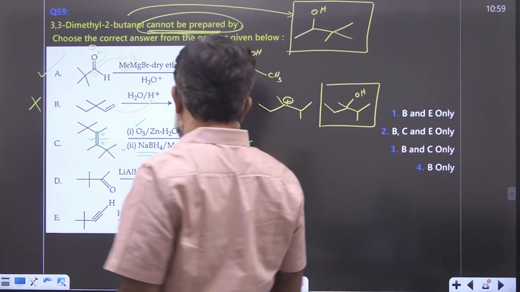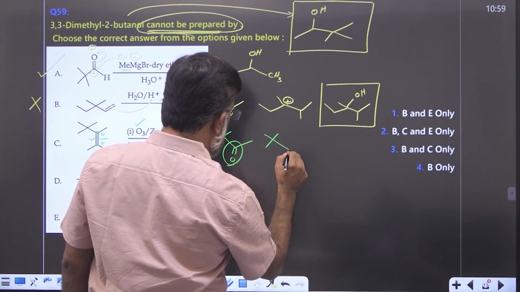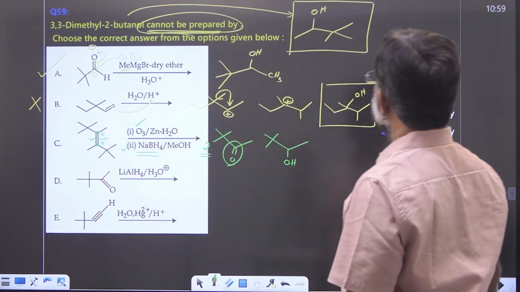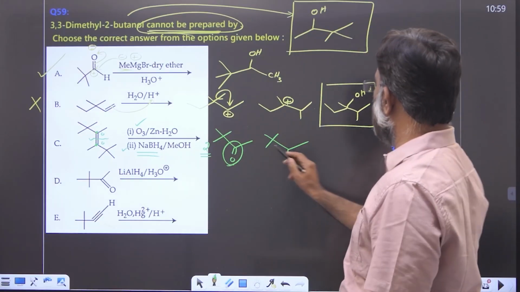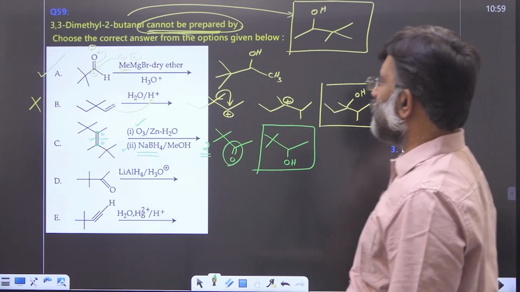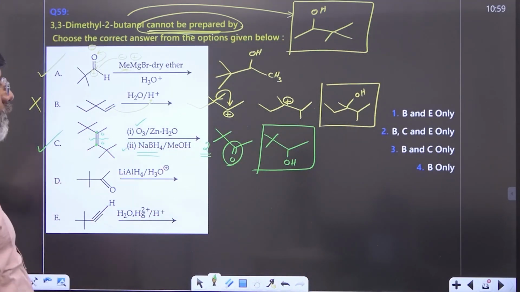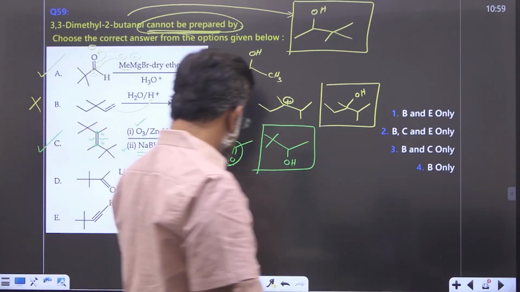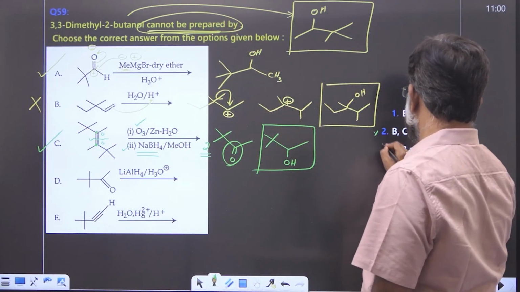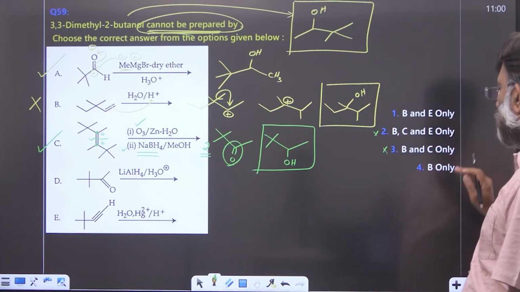That means the keto group will be reduced to an alcohol group, and the result will be like this. Is that compound the same? Yes, these two are the same. So C will give the result, and C should not be there in the choice, since the question says cannot be prepared. So the answer is either 1 or 4.